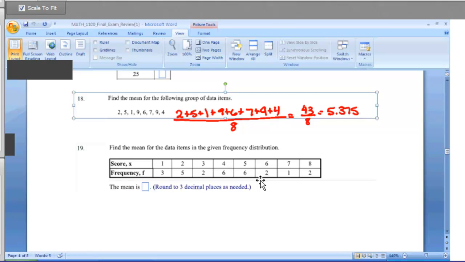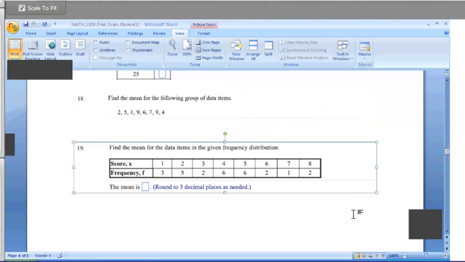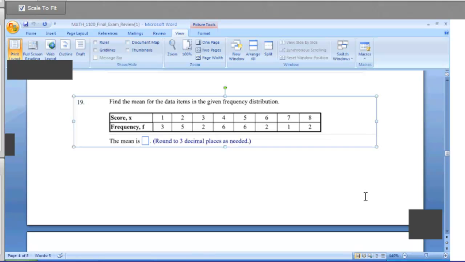Okay, and then for 19, it wants us to find the mean that we have a frequency table. So it's letting us know that the score of 1 happened 3 times, score of 2 happened 5 times, and so on and so forth.